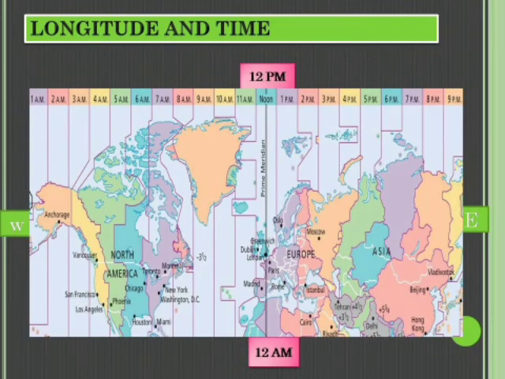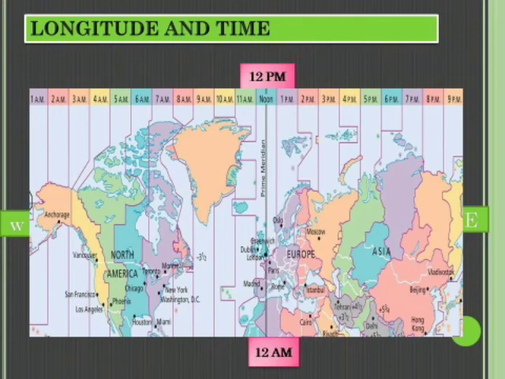See the next picture, children, you will clearly understand. For example, if it is 12 p.m., that means noon, then in our country India you can find 5 p.m.